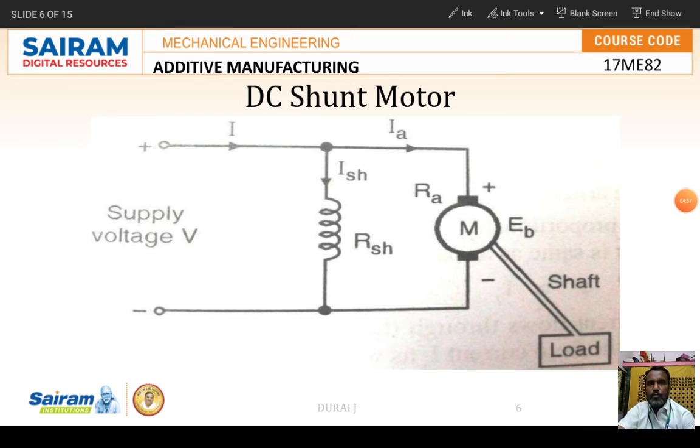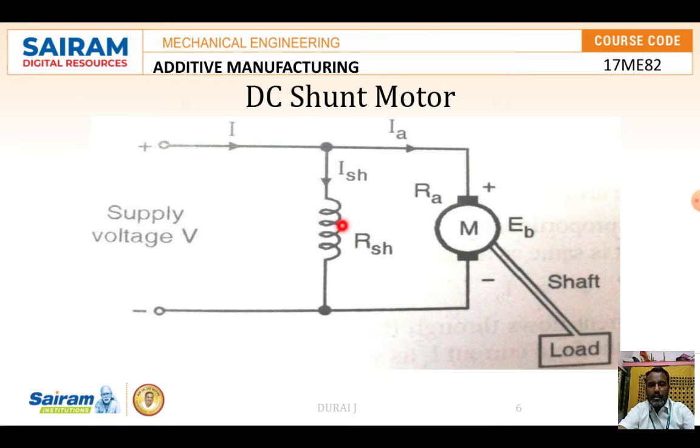In the shunt motor, the armature and the field windings are connected in parallel, as shown here, and are powered by the same supply. The total load current is the sum of the armature and field currents.